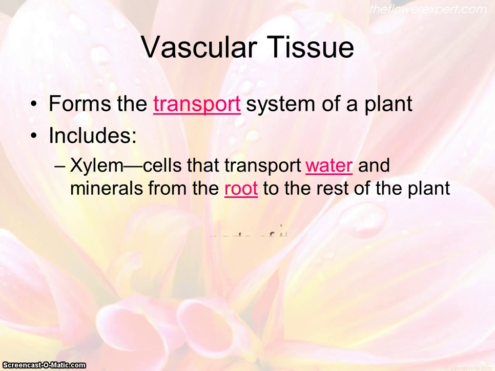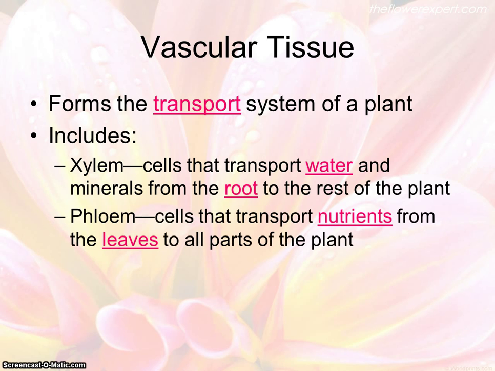absorbed by the roots. And then your phloem is the other type of vascular tissue, and it's going to be specifically for nutrients, gases, and waste that are going to be transported. The phloem usually is going to transport things from the leaves at the top of the plant down to the rest of the plant.